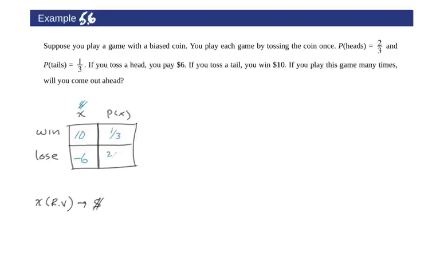And then the probability that we lose is going to be 2 out of 3. And so again, you play each game by tossing the coin once. Probability of heads is going to be 2/3 here. And if you toss the heads, you pay $6. So that means this probability is associated with the -6.